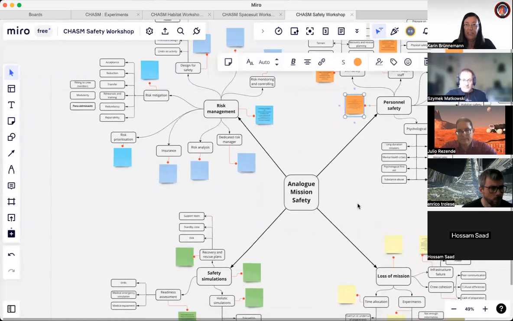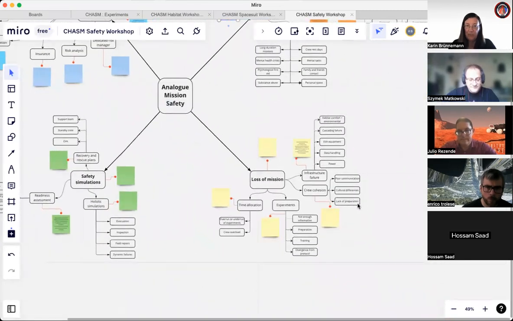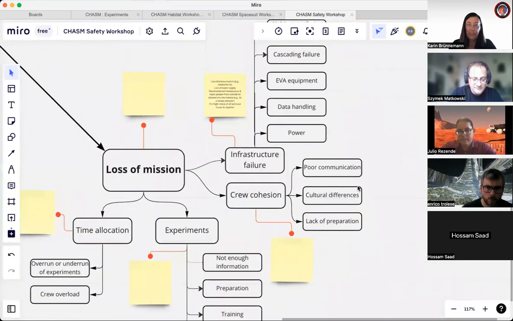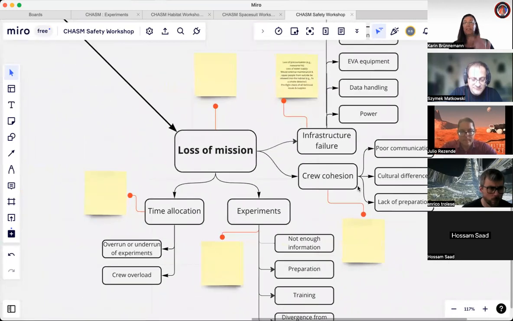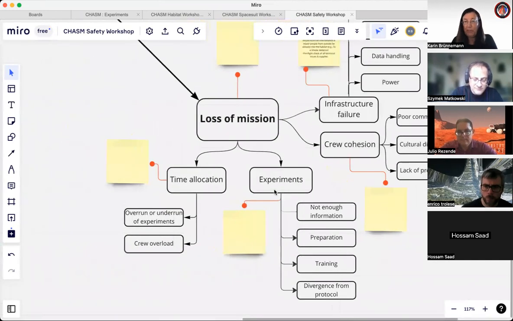What else? Shall we look into this area once again? Sometimes it can be good to jump between the areas because then we can connect the dots. Do we have anything related to crew cohesion or the experiments themselves?